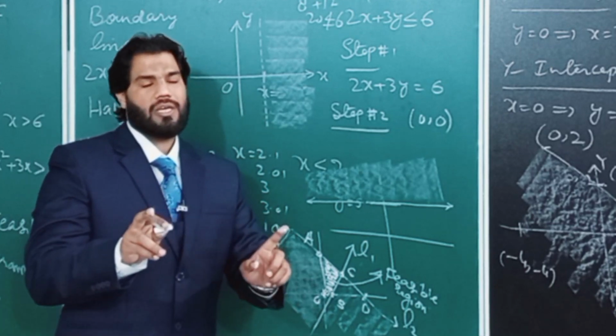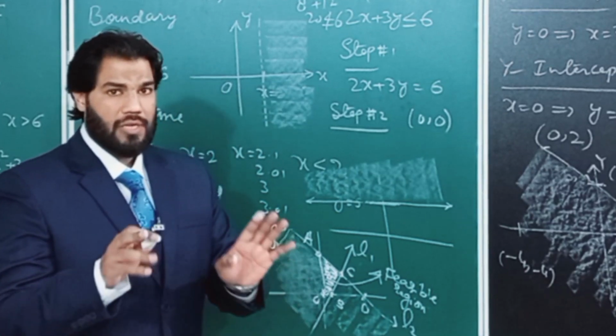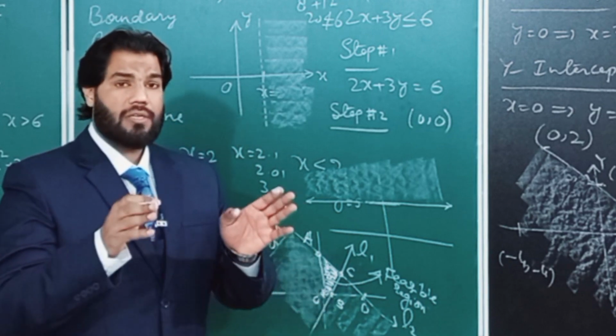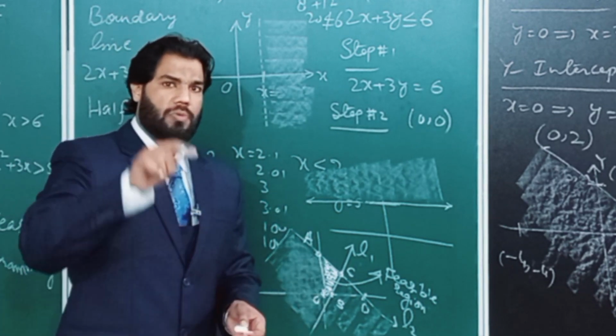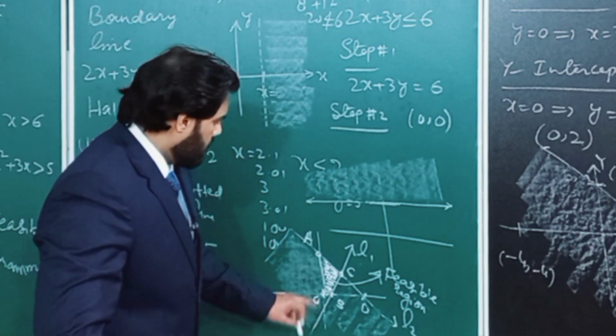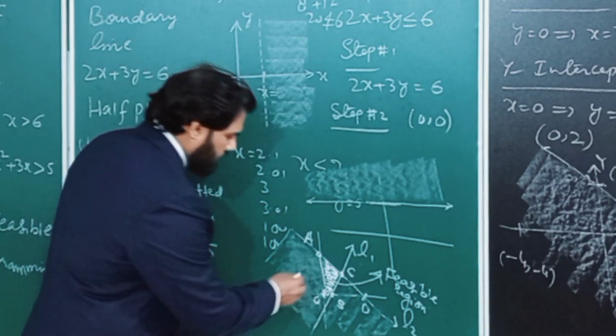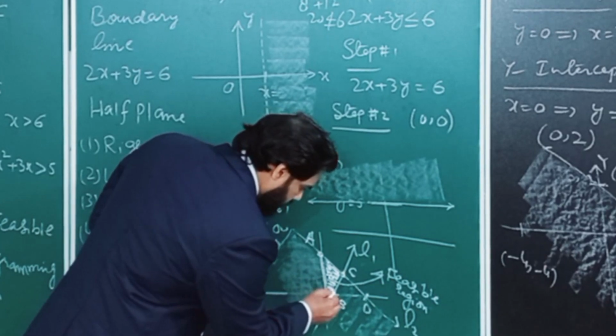So corner points are only those points where the lines cut each other or where lines cut the axes, but those corner points should be in the feasible solution. Because our feasible region is only this portion.